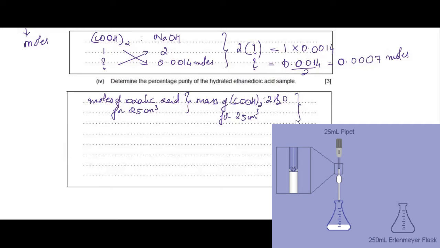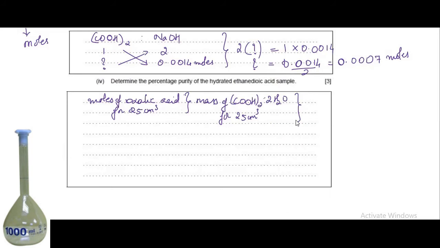Then we have to convert this for 1 liter, because the 5 gram of the impure sample was dissolved and made up to 1 liter solution. So ultimately, if you want to check the purity, we have to know how much oxalic acid is there in 1 liter solution.